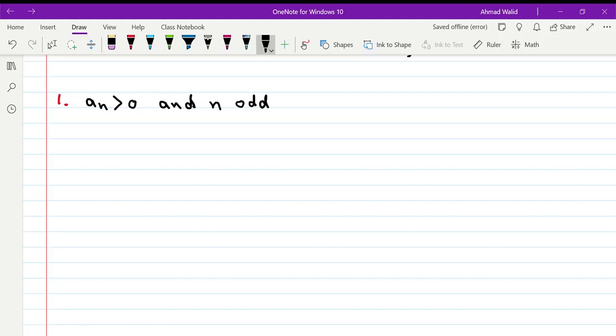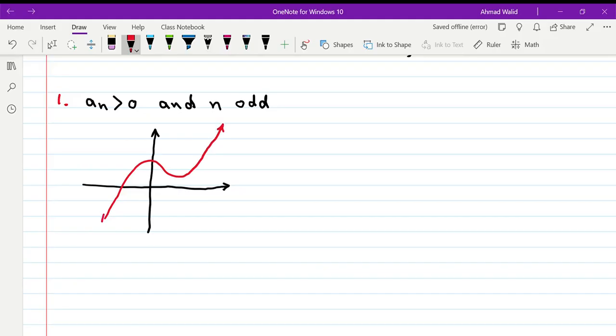What is the end behavior of the graph? The graph always falls on the left side and rises on the right side. The shape of the graph will always be like this. You see, the graph falls on the left, rises on the right side. This is the end behavior of the graph.